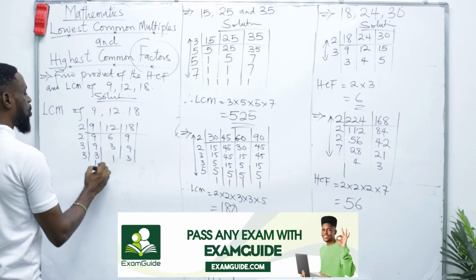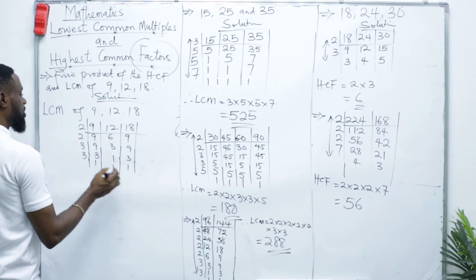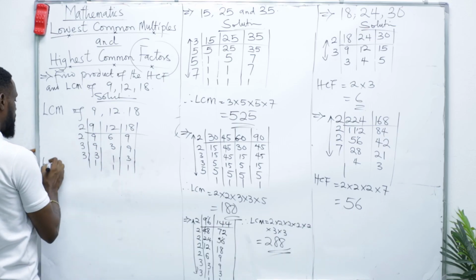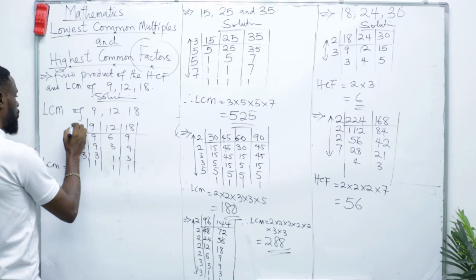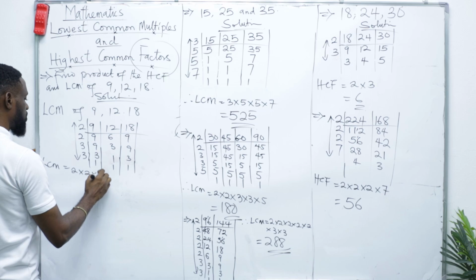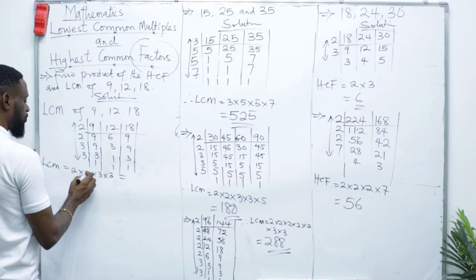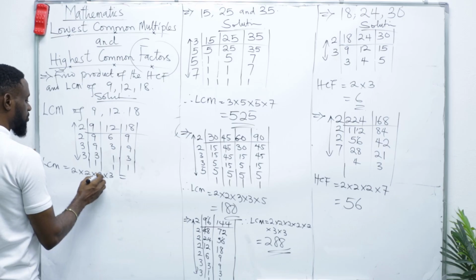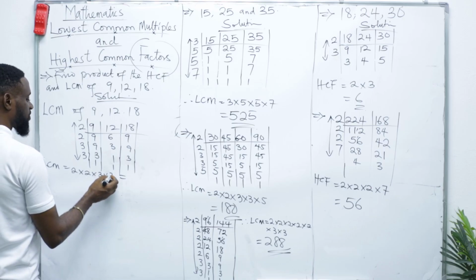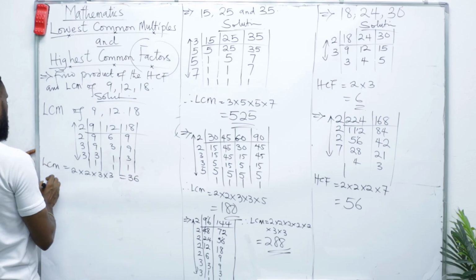Then 3 here, 1, 1, 1. Okay? So that is for this. So LCM is equal to 2 times 2 times 3 times 3, which is equal to 2 times 2 is 4. 4 times 3 is 12. 12 times 3 is 36.